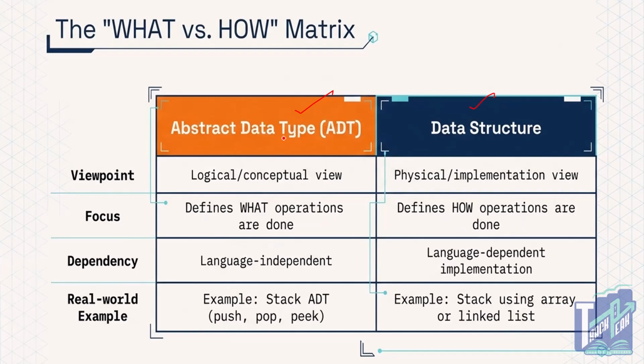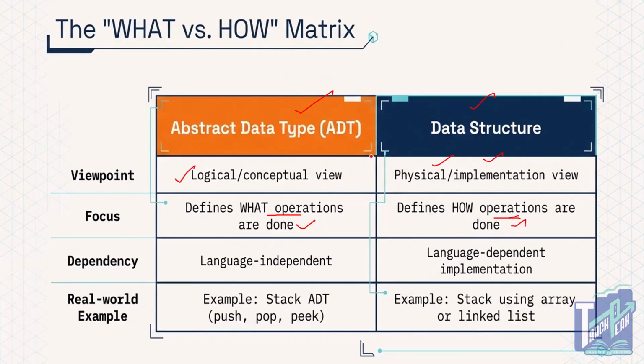ADT, abstract data type, has a purely logical viewpoint, the mathematical models. It doesn't care about the implementation details. But data structure means the physical and implementation view. The focus of abstract data type is on what operations are going to be carried out, and the data structure defines how the operations are carried out.